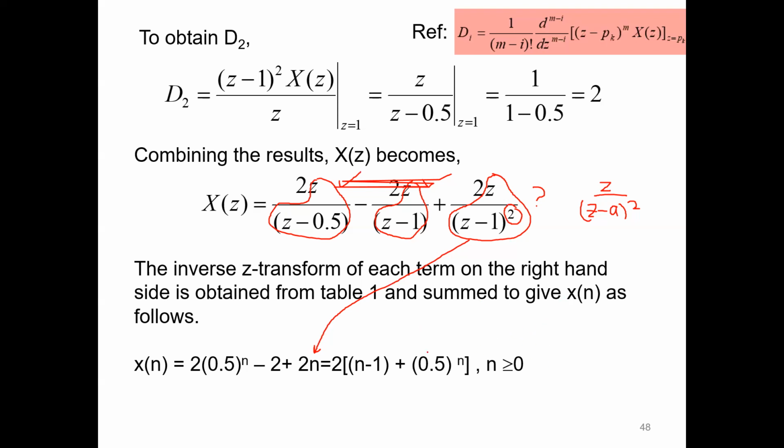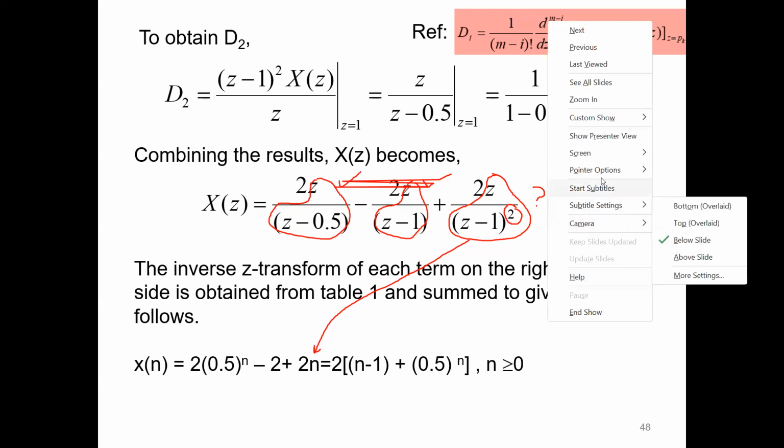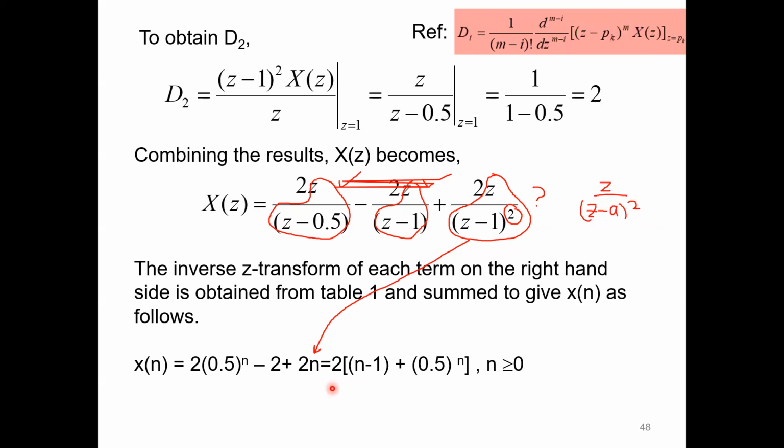Okay, fine. So now this is your time domain: 2 times 0.5 to the n, minus 2, plus 2n. So you can see n is in the main line, and also n comes over here as the exponent.